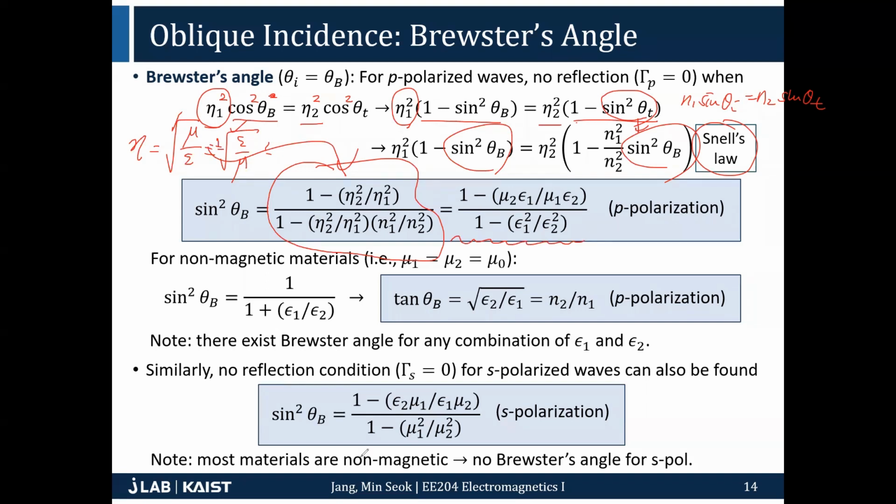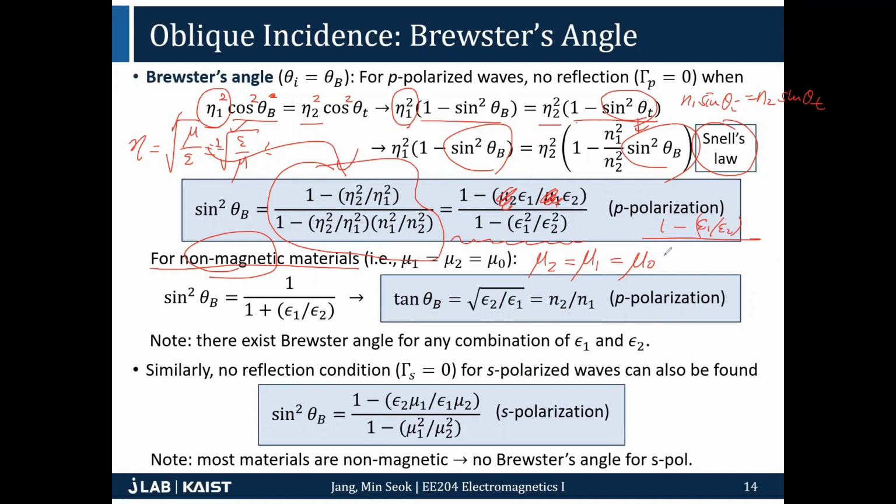Okay, and then here we can further simplify this equation because most of the materials are non-magnetic, as I said earlier. Non-magnetic means mu2 is equal to mu1 is equal to mu naught. Okay, so we can basically cancel this out. Then the numerator is 1 minus epsilon 1 divided by epsilon 2.